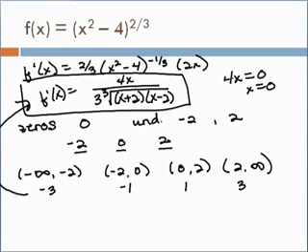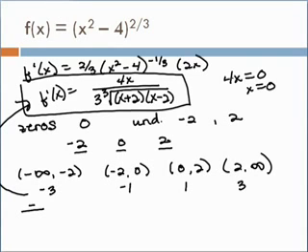Alright, so when I plug in a -3, keep in mind, we don't care what the number is, we're just looking to see if it's positive or negative. When I plug in a -3 in the numerator, I'm getting a negative number. In the denominator, -3 plus 2 is a negative, and -3 minus 2 is a negative.